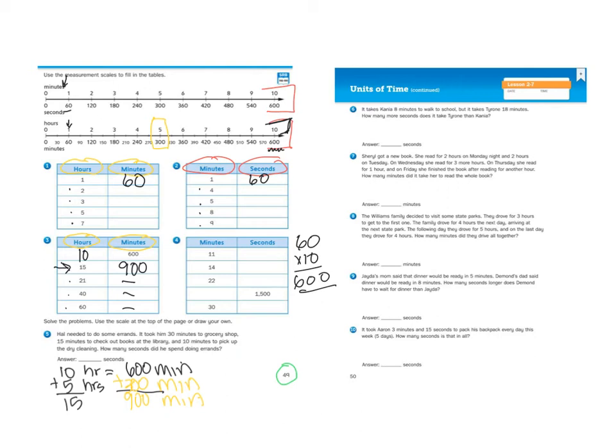Likewise, when we look at minutes to seconds, for number 4, this one's talking about 11 minutes. Notice that our chart only goes up to 10. I know that 10 minutes plus 1 minute is the same thing as 11 minutes. So we're going to use the number of seconds in 10 minutes, which is 600.